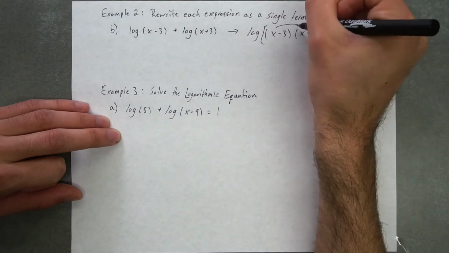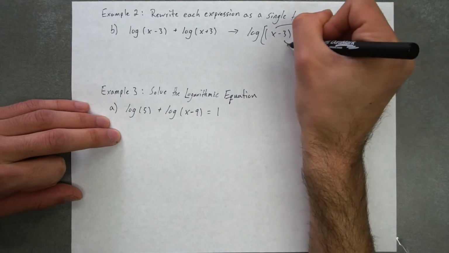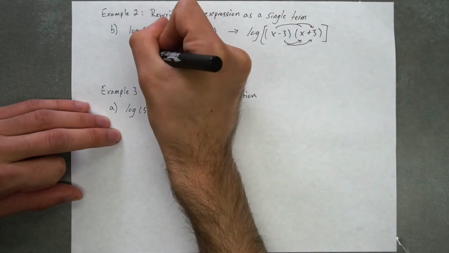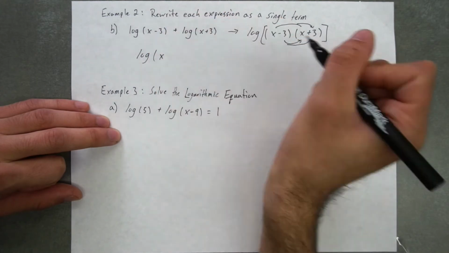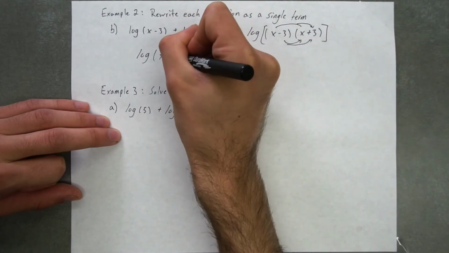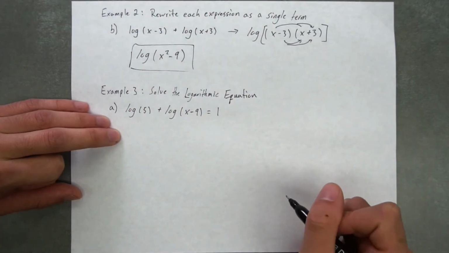So then we're just going to have to FOIL. Then this turns out to be the log of x squared minus 9. Simple enough.